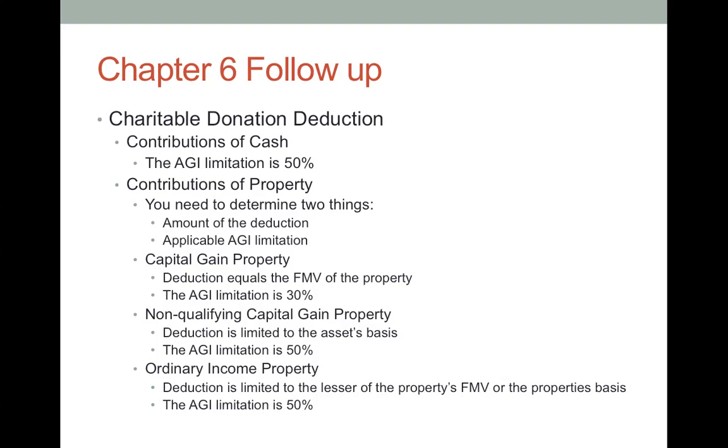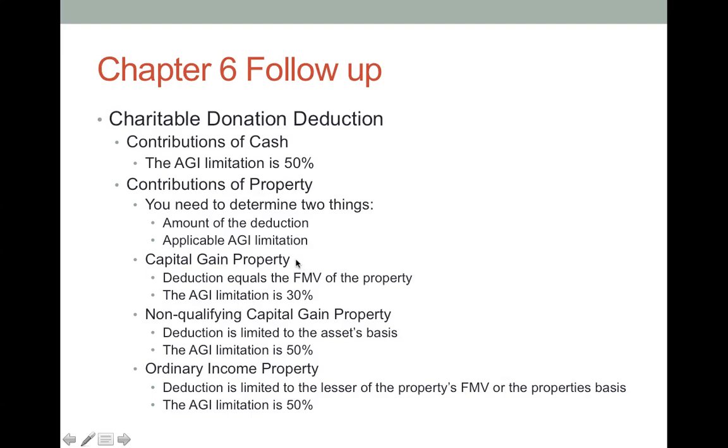So then we can go on to property. Property is a little bit more complicated. Again, you need to determine two things for property contributions: the amount of the deduction that you can take and the applicable AGI limitation. There are three types of property that you can contribute to a charity. The first type is capital gain property.